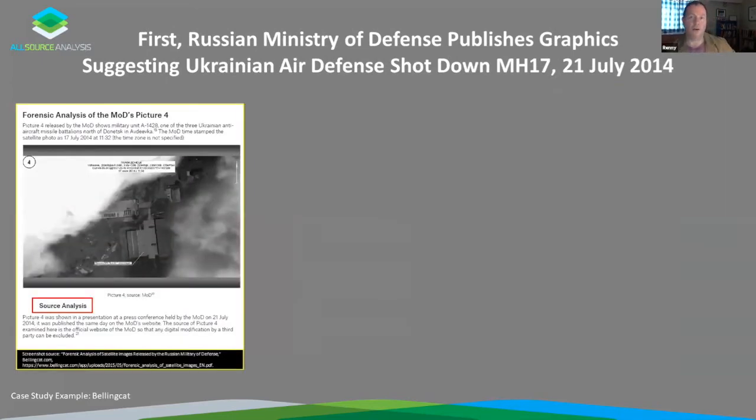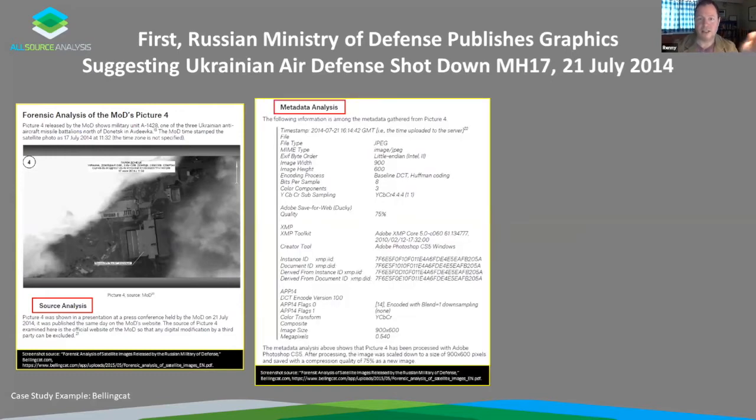The overall method that Bellingcat used to do their work here is very similar to the method that I'm presenting to you today. First, they looked at sources. Where did this come from? So these publications came from the Russian Ministry of Defense website. It was from the Russian state.